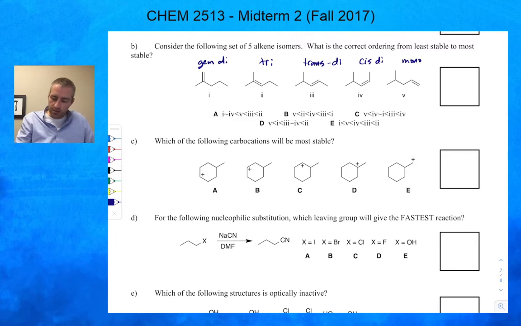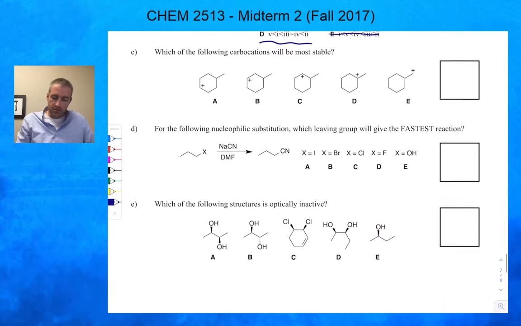So the least stable is the mono. So we want to pick one that starts with 5, so A's out, E's out. The most stable is tri, so we want to have one that ends in 2, which is going to be D. So we go mono, tri is the most stable, and then in between are all the di-substituted ones. Of the di-substituted ones, trans is most stable, and cis and gem are close. So D is our correct answer here.